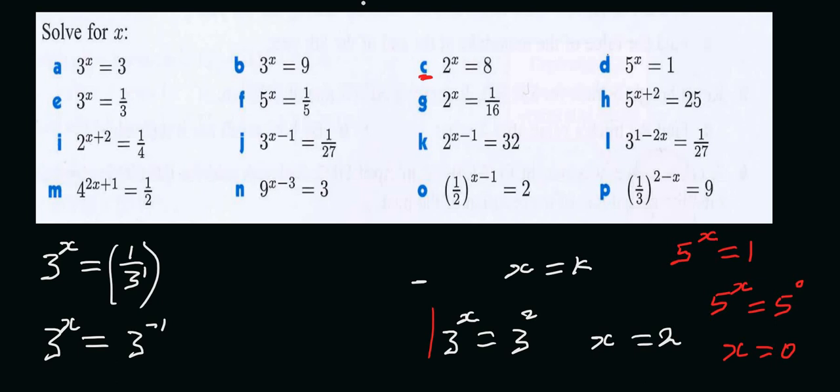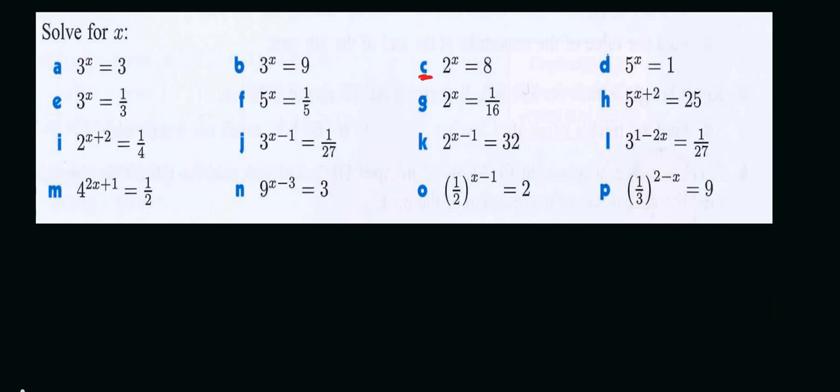Good. Now you can see we have the same base, 3 on the left side and 3 on the right side. So automatically our answer is x is equal to negative 1. I hope this is also clear to you.